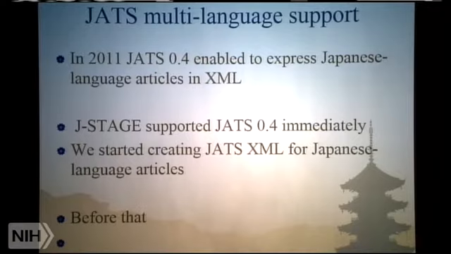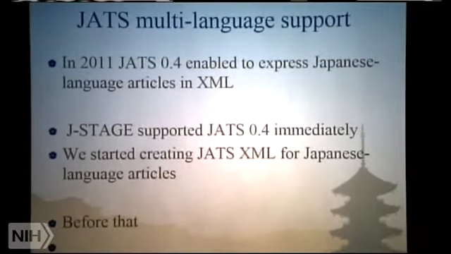As JATS 0.4, formerly NLM DTD 3.1, introduced so-called multi-language capability in early 2012, it has been possible to tag such Japanese language research articles using JATS. J-Stage now officially supports JATS 0.4 and encourages publishers to provide their papers in JATS.